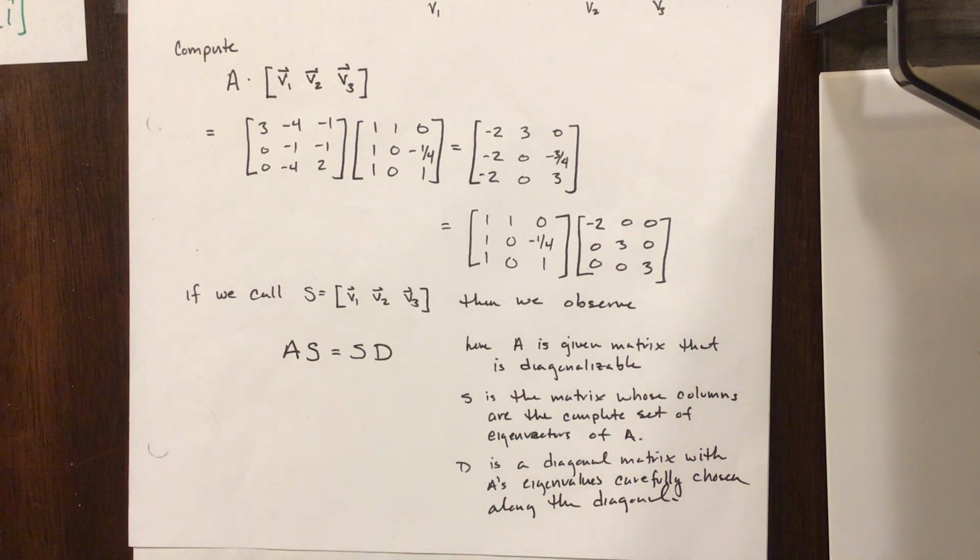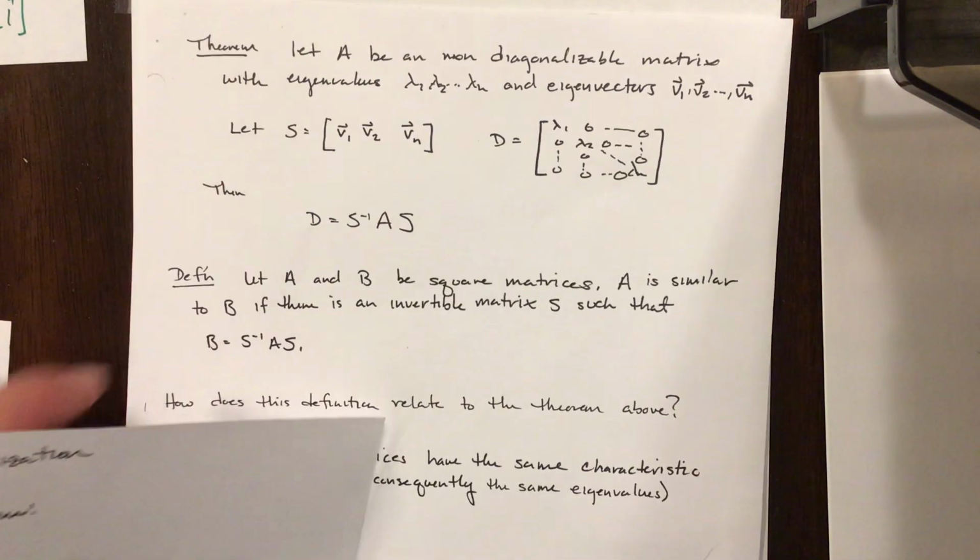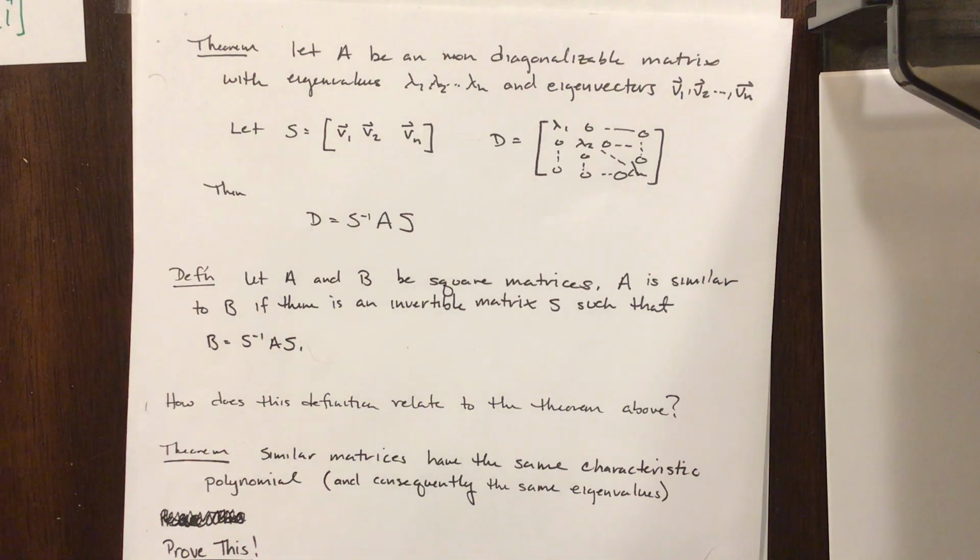All right. So naturally, when things like this occur, you ask yourself, is this by accident or is this by design? Is this unique to this problem, or will it happen for others? Here's your answer. Here's a theorem.